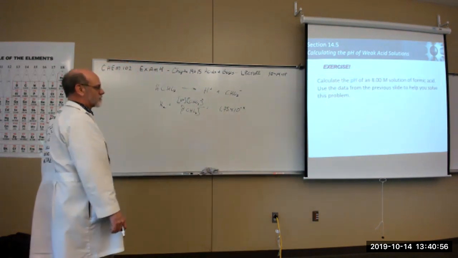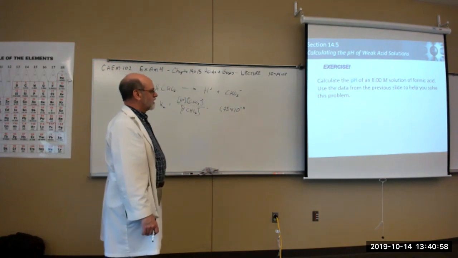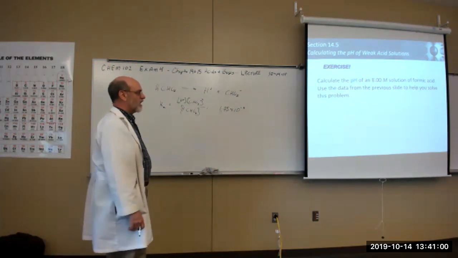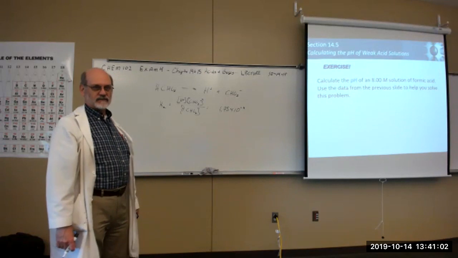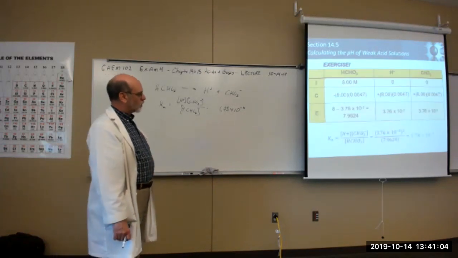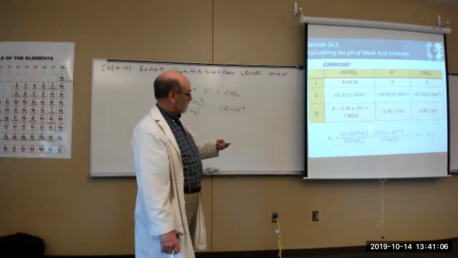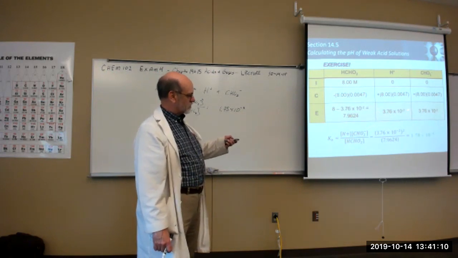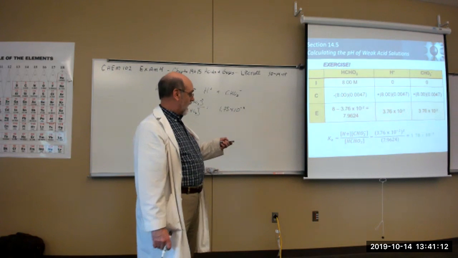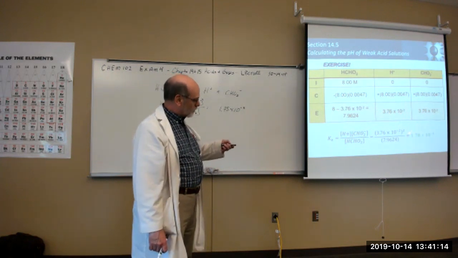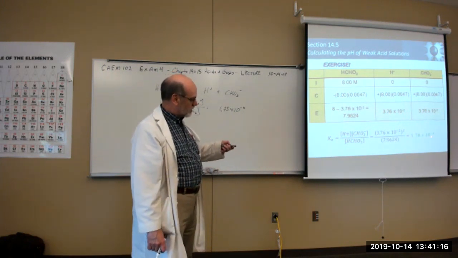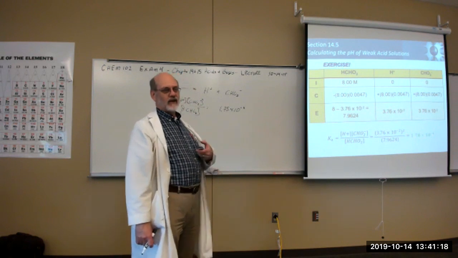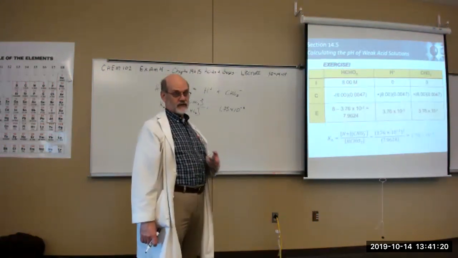Now, calculate the pH of an 8 molar solution of formic acid, right? So what do we still have here? Well, we have that value right there. That determines the pH, right? How do we know that? Because we calculated this value, and that is significantly larger than 10 to the minus 14th for water.